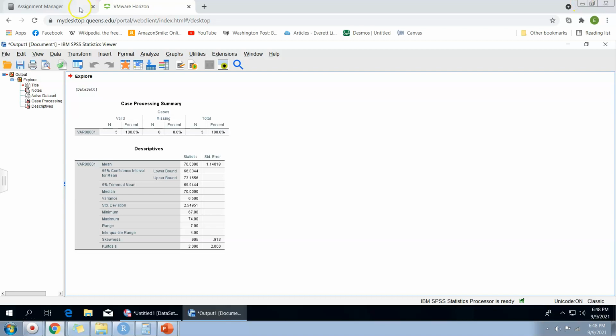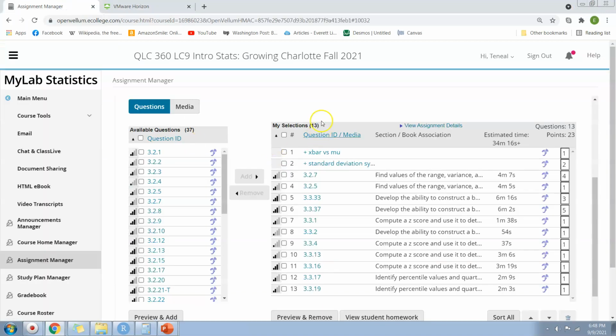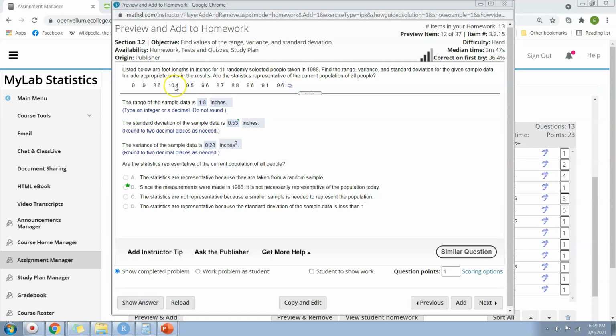All right, so that's how to do that in SPSS. I want to show you one thing that is nice about MyStatLab, and when you're doing these, you can take this shortcut. So here's a problem in MyStatLab that you might see on your homework. Now, you don't have to do these by hand unless it specifically says to.